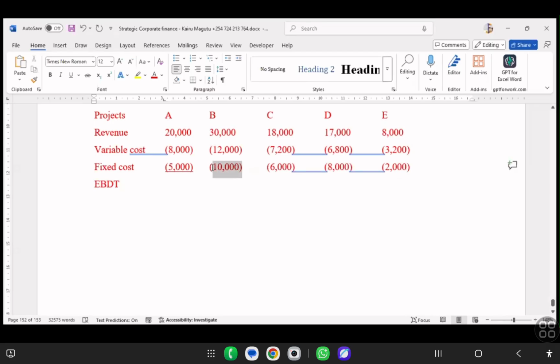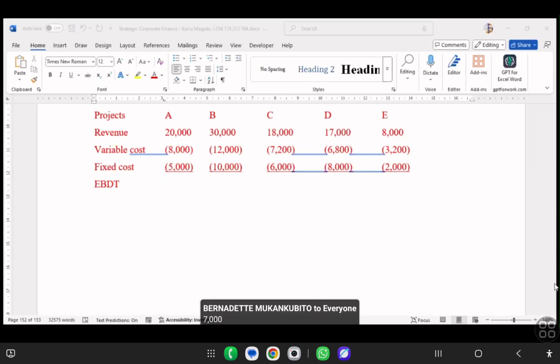Please give me the earnings before depreciation and tax for each. Let me have that 20 minus 8 minus 5. Just give me the earnings before depreciation and tax.